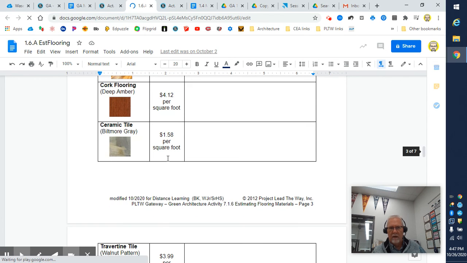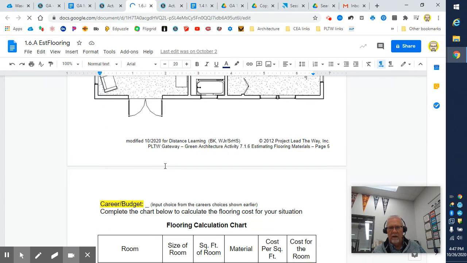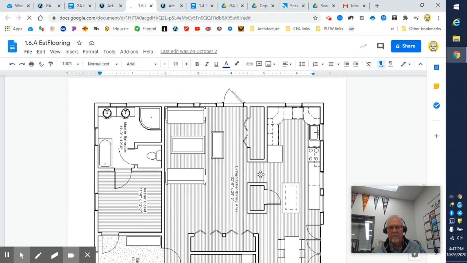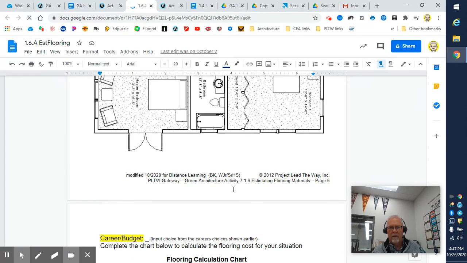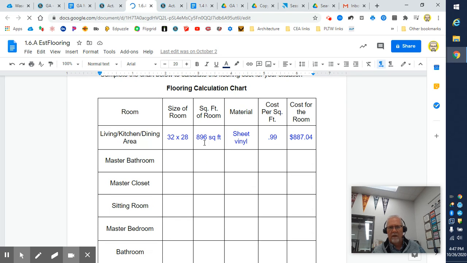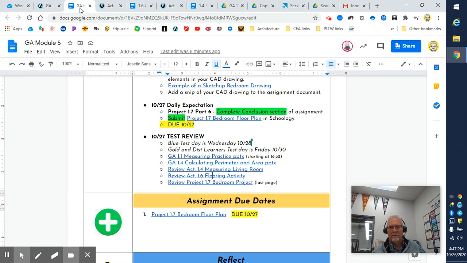We talked about all kinds of different flooring materials, but you had to read a floor plan and then consider how much flooring that would take. So we took a room that was, in this case, 32 by 28, became 896 square feet. We multiply our number of square feet times the cost per square foot, gives us the cost for the room. Review that activity. You will see things exactly like that on your test.